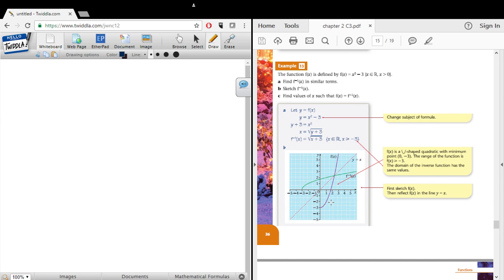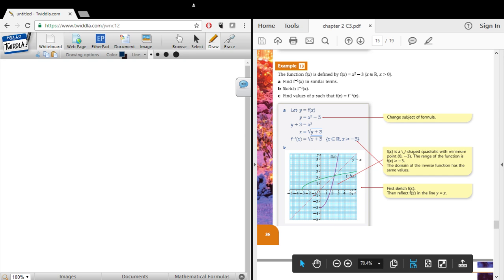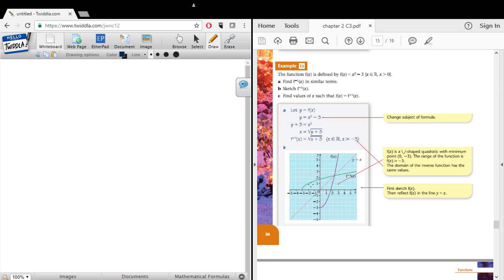And then sketching the graph here, we just follow some of the principles that we utilized in our previous chapters of graph sketching. For example, we can appreciate where the curve may cross one of the axes, and then understanding that the inverse will simply just demonstrate a reflection of the f(x) in the line y equals x in this particular graph.